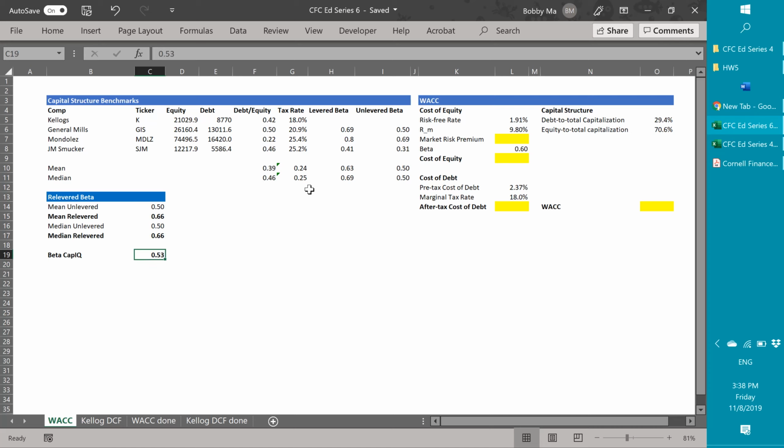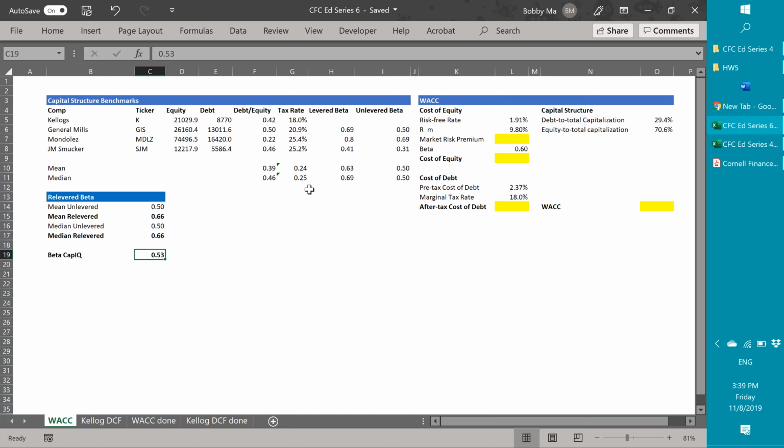Our first metric of beta is 0.53, and this is directly taken off of CapIQ, who calculates it themselves using previous market data. What this is saying is for every 1% increase in the market proxy, in this case the S&P 500, we expect a 0.53% increase in the share price.